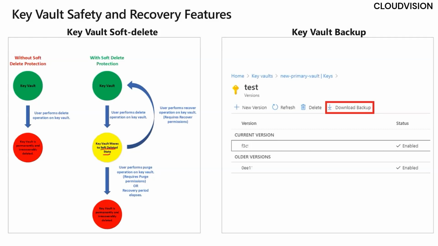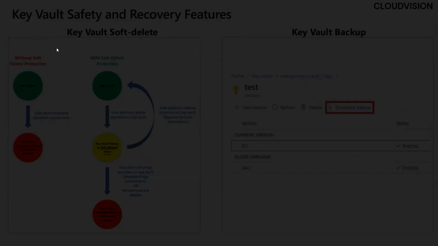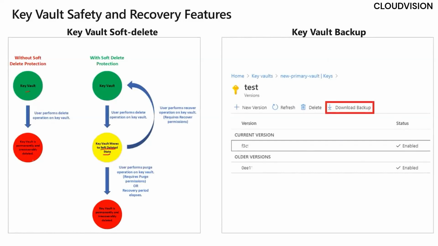So there is an option called the soft delete option. Along with your key vault, soft delete will get enabled. Now think about a key vault without soft delete protection. For example, there is no soft delete protection within the key vault. In that case, if someone tries to delete the key vault, it will be deleted permanently.